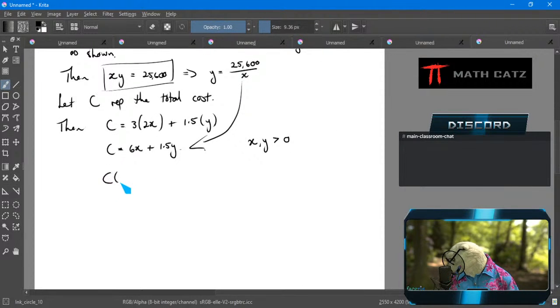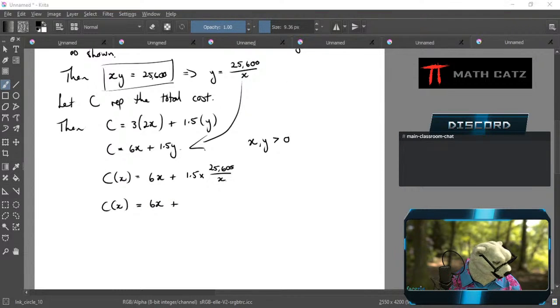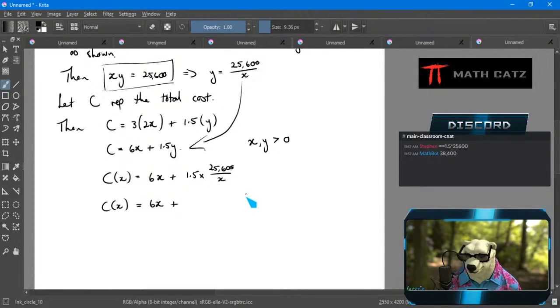And so I can get a function just of x, 6x plus 1.5 times 25,600 over x. Let's maybe clean that up a touch. 1.5 times that numerator. Let's see what that is. 38,400. 38,400 over x.